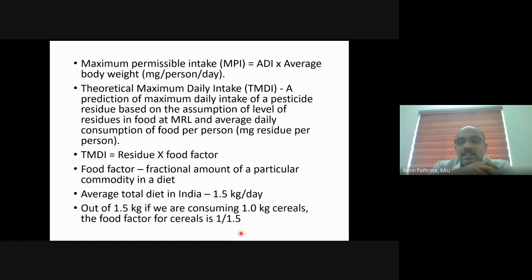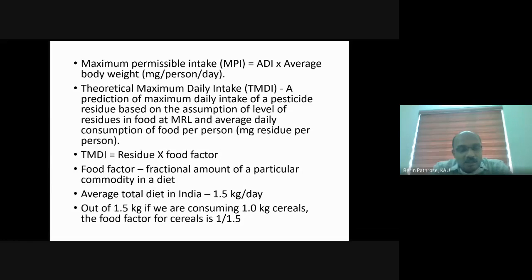After dividing by the mammalian safety factor of 100, the ADI became 0.01 ppm. So that is per kg body weight. For Indians, if the average body weight is 65, then the maximum permissible intake is 0.01 into 65. Are you clear what is maximum permissible intake? Yes, that will become 0.65.